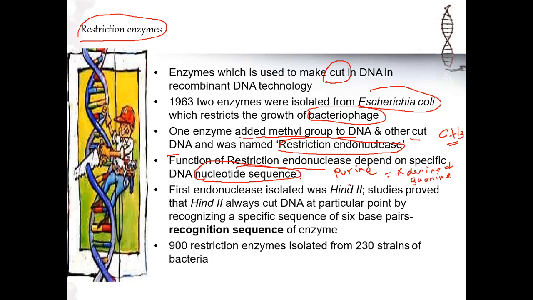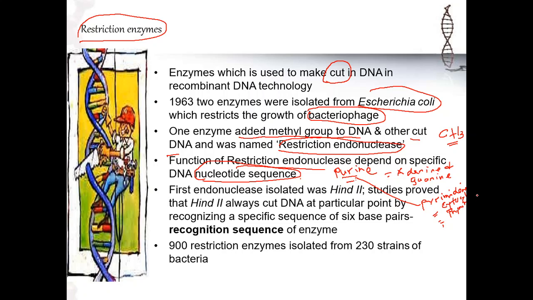Okay, and we also have pyrimidines, base pairs. Now we have purine, we have also pyrimidine. And we have two types of pyrimidine. We have the cytosine and thymine.